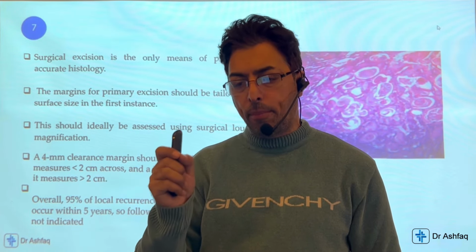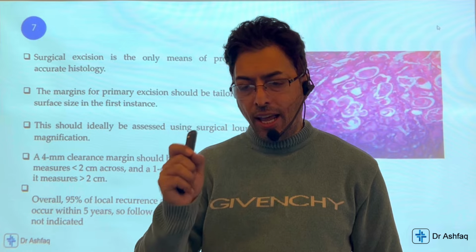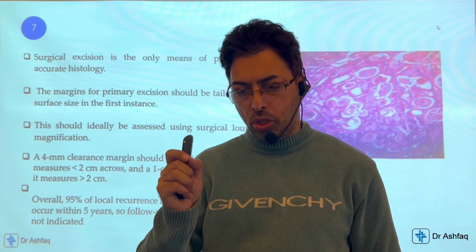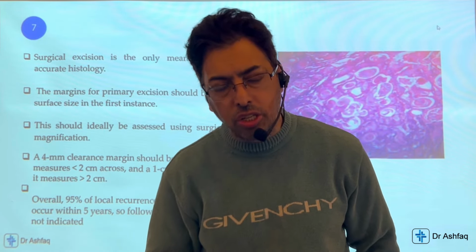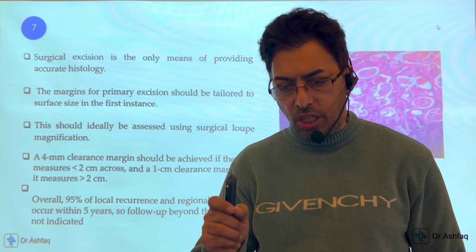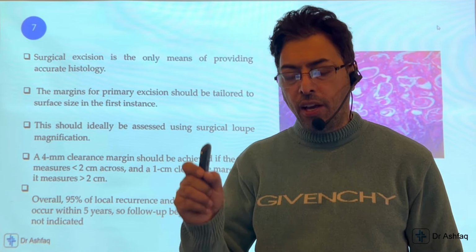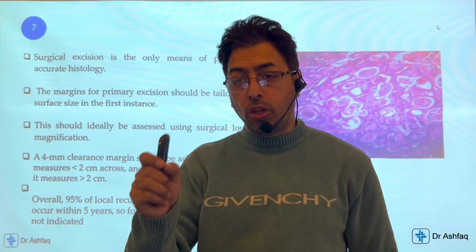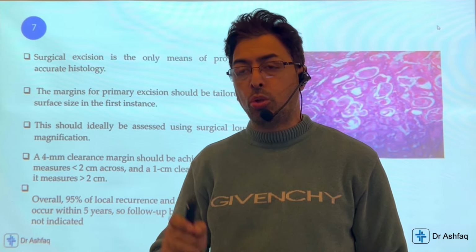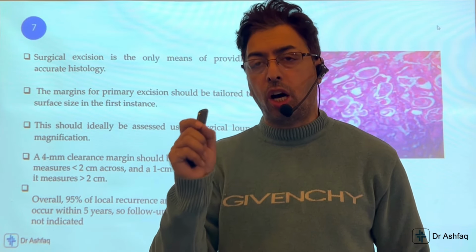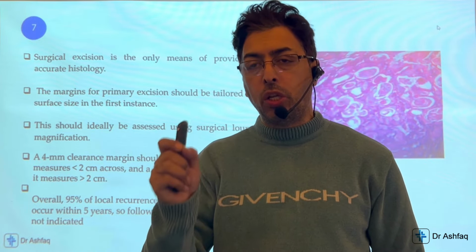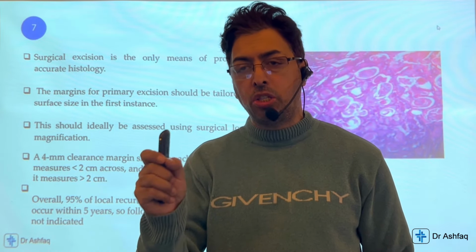In case the squamous cell carcinoma measures less than 2 centimeters across, a 4 millimeter clearance is needed. And in case of larger lesions, you have to have a bigger clearance of the order of even 1 centimeter. So squamous cell carcinoma is primarily treated with surgery with marginal excision.